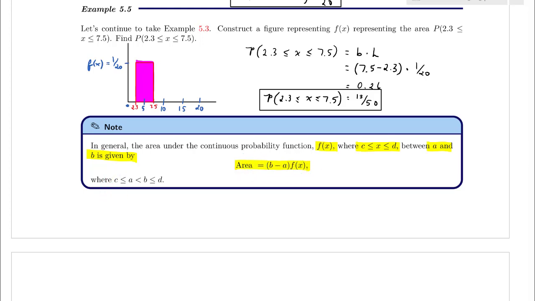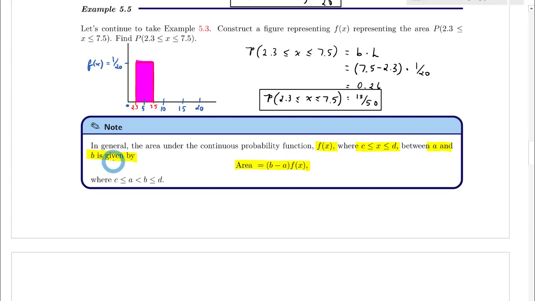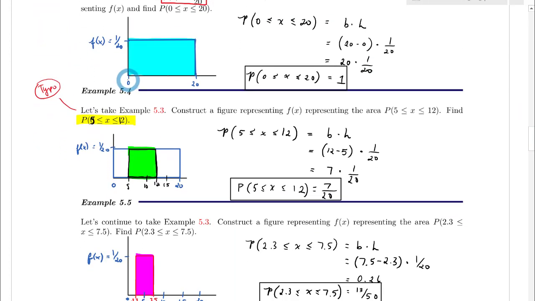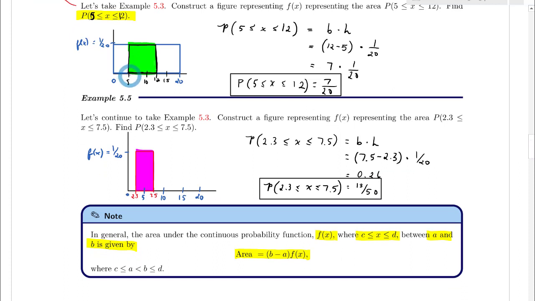The A and B boundaries don't necessarily always have to be inside C and D. Like we had every case here. We had the actual end bounds, C and D, 0 to 20. Then we had an A and B inside, 5 and 12, or 2.3 and 7.5. But the idea is just use the shape and multiply base times height.